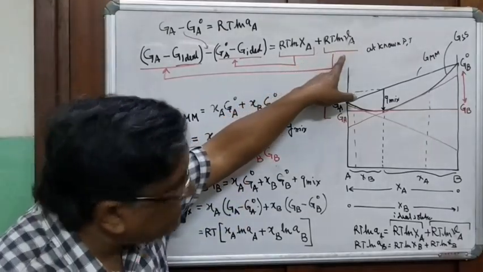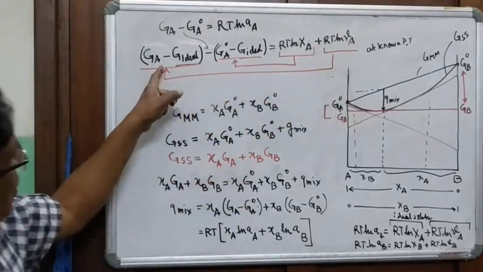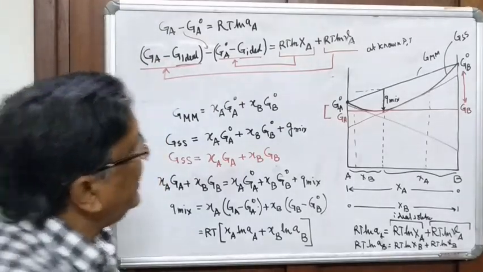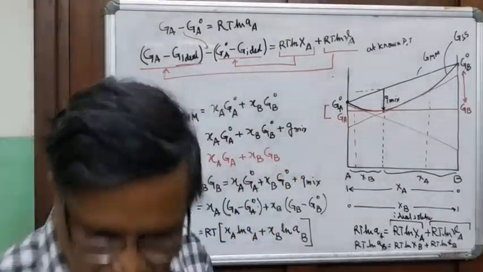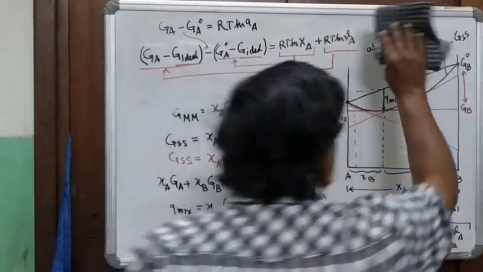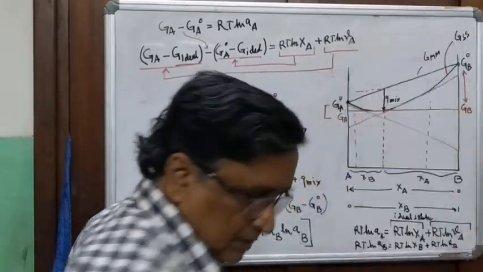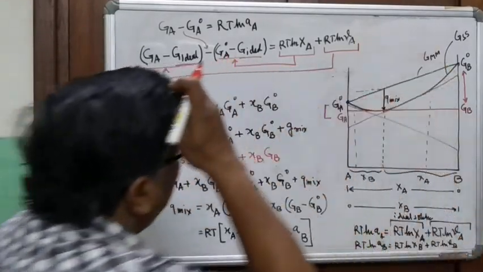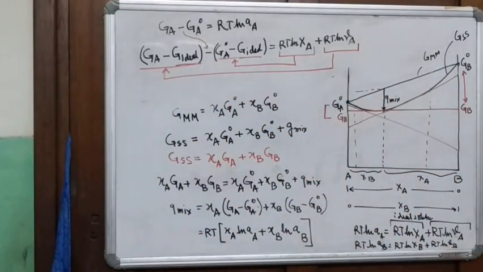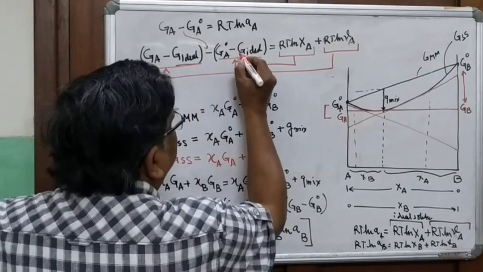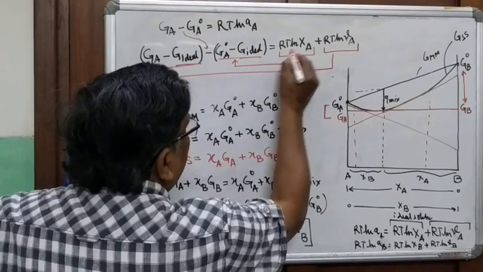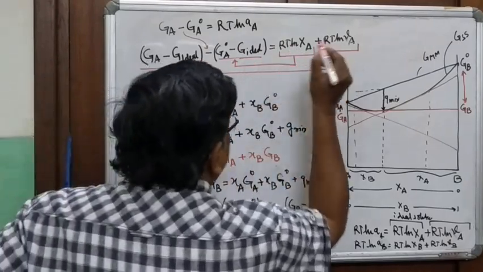But if there is gamma A, then this should go under GA minus G ideal. So essentially what you do is, in this diagram, this is the free energy of ideal mixing, and this is excess mixing.